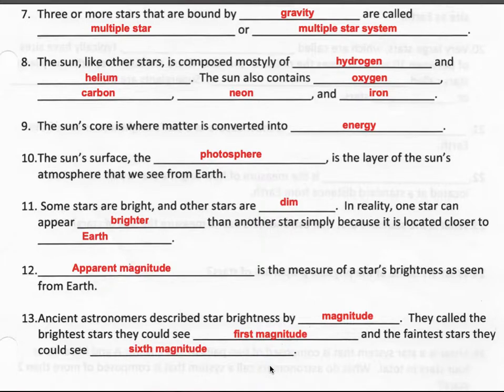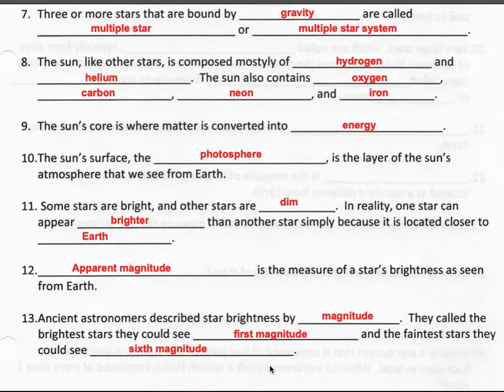But it's actually not one of the brightest ones. It just appears brighter because it's closer. That's called apparent magnitude, which is number 12. Apparent magnitude is the measure of a star's brightness as seen from Earth.